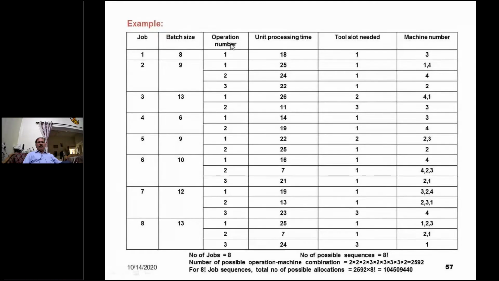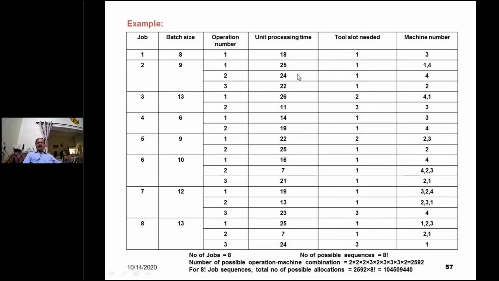Then job 1 requires only one operation, the processing time is 18, and one tool slot will be required. In the CNC machines, tool slots will be there. It will use machine number 3. Job 2, which has a batch size of 9, has 3 operations. The processing time for the first operation is 25, second operation 24, third operation 22.